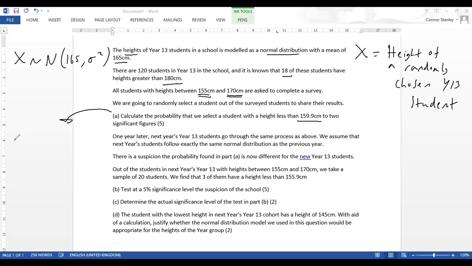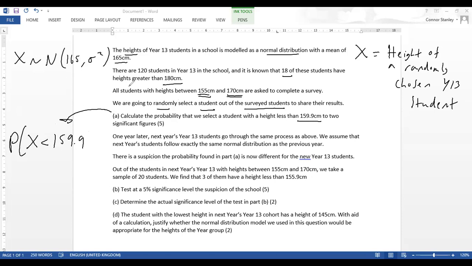So let's make a note of this here. This is asking us, what is the probability that we select someone who has a height less than 159.9? Again, read the question. Calculate the probability that we select a student with a height less than 159.9 centimeters. But the key sentence before that is this: we are going to randomly select a student out of the surveyed students.